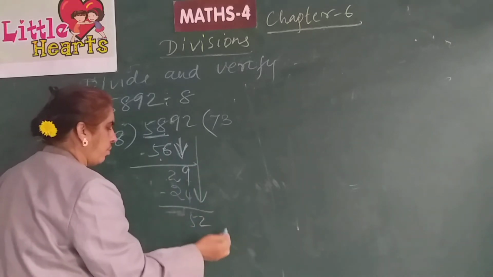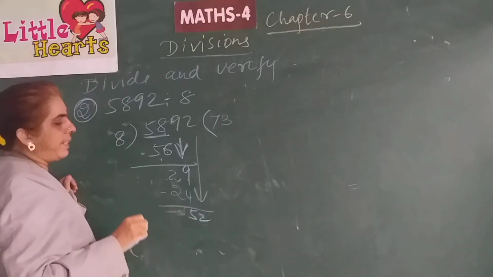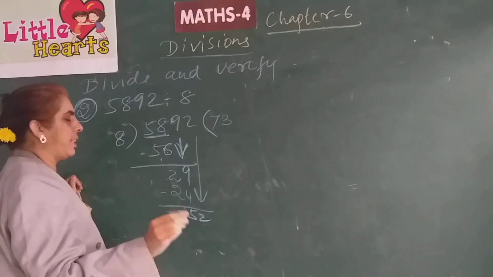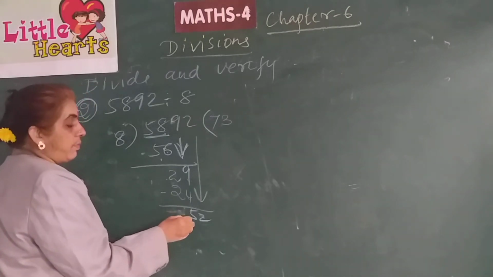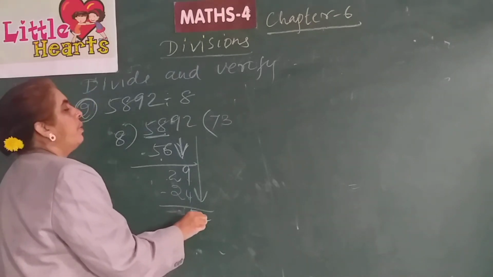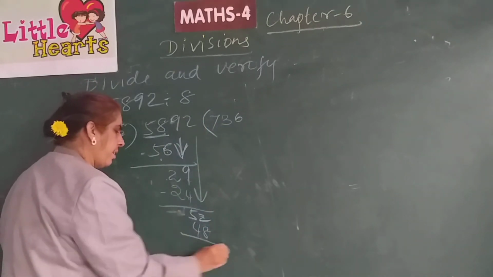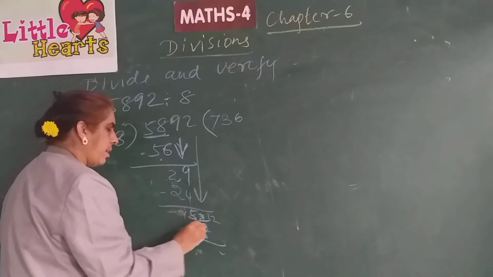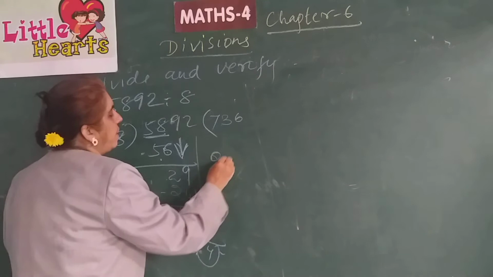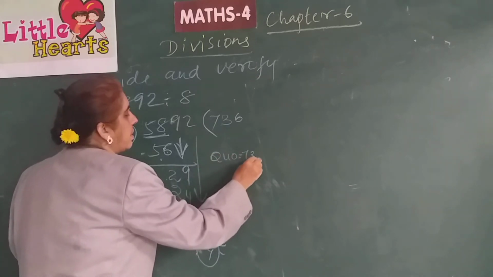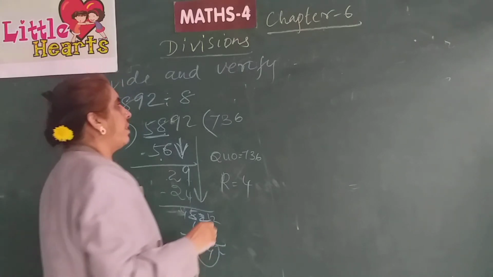Bring down 2. 52. 8 7s are 56, which is greater than 52. We have to go with 8 6s are 48. 52 minus 48 is 4. So the quotient is 736, remainder is 4. Now let us check the division.